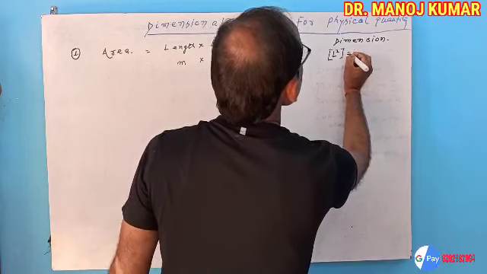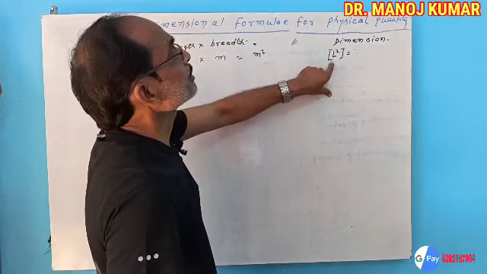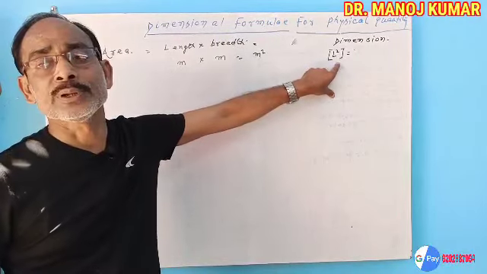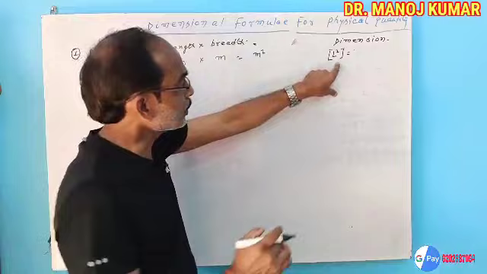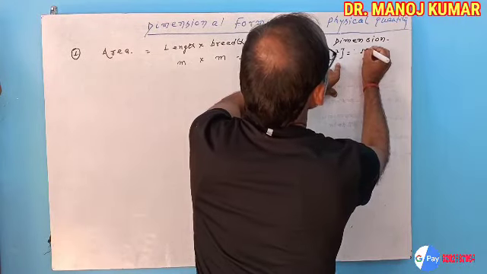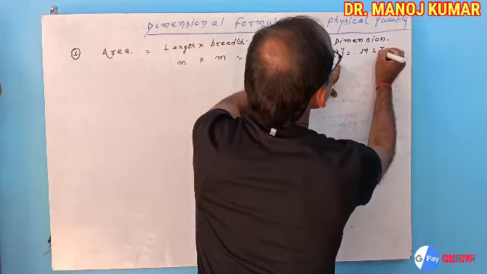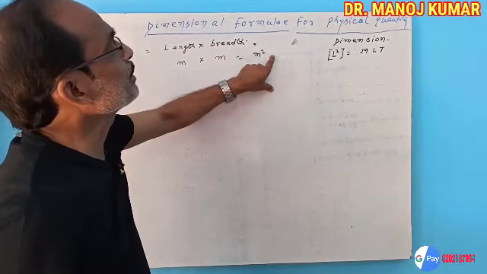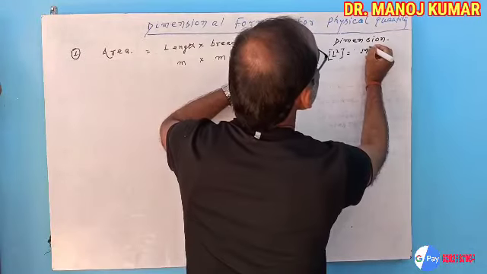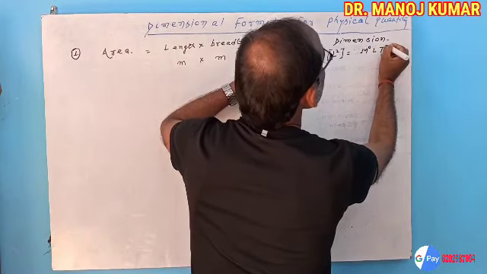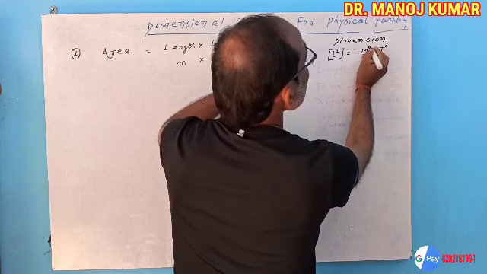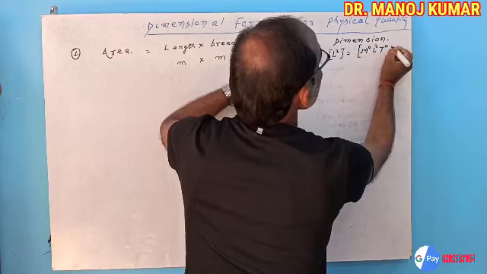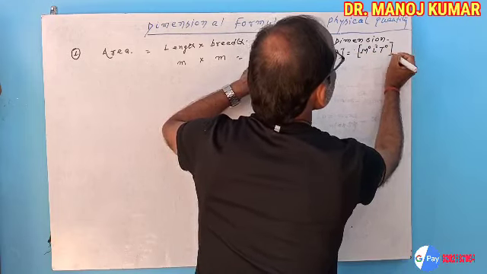So we have to take M, L, T. Here mass is absent, time is absent, so we write M naught L2 T naught enclosed by the big bracket.